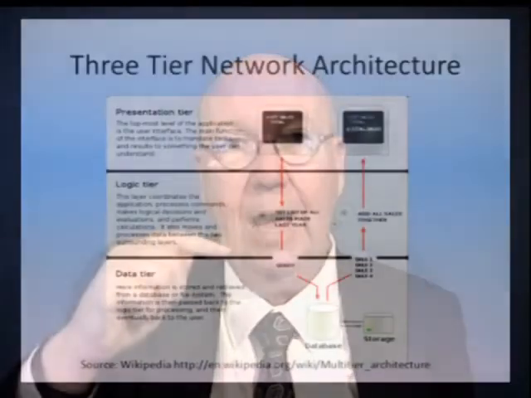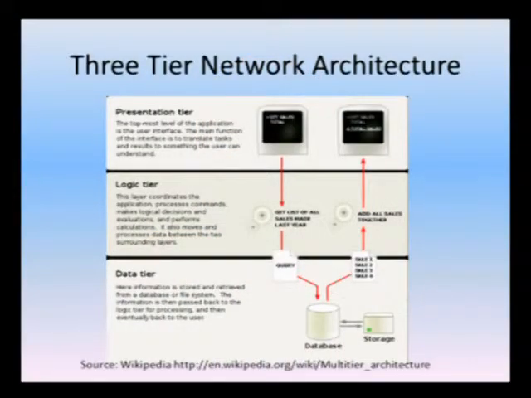tier. And so now we have a situation in which this machine talks to the machine on tier 2, and the machine on tier 2 talks to the machine on tier 3. The machine on tier 3 never talks directly to the machine on tier 1.